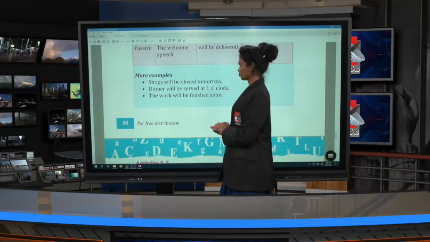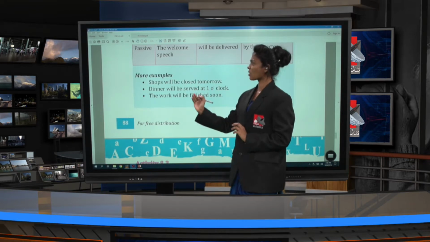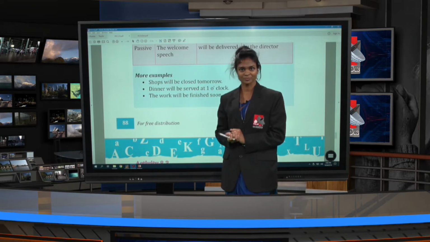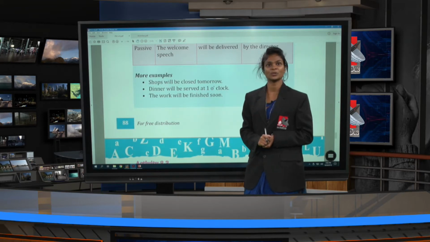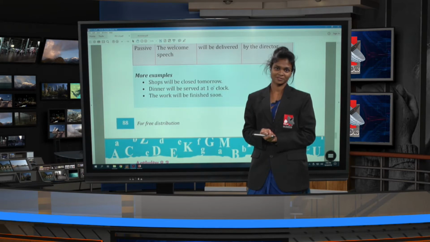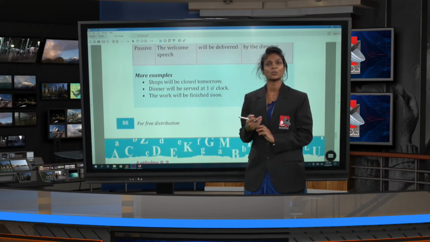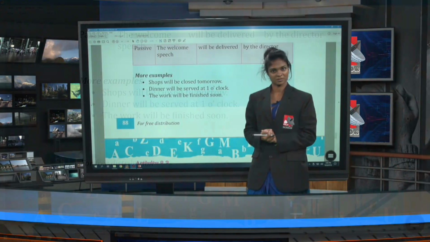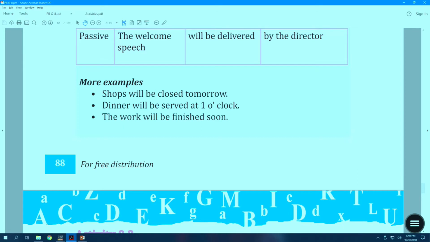They will close shops tomorrow. Simple. Then the second one, in passive, dinner will be served at 1 o'clock. Then the third one, the work will be finished soon.